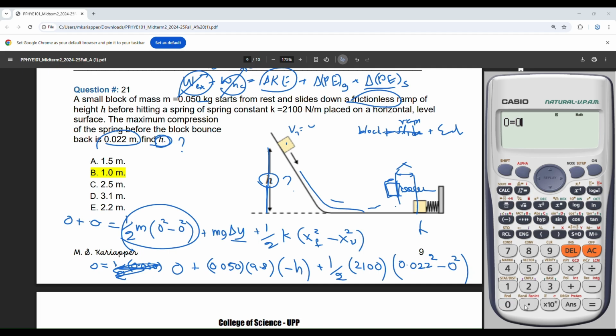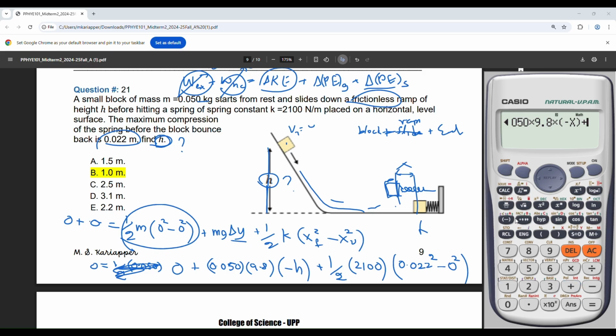0.05 multiplied by 9.8 multiplied by this step. We have to be careful, because it's not 9.8 subtract h, right? It is 9.8 multiplied by negative of h. So you better start a bracket, and use the negative.